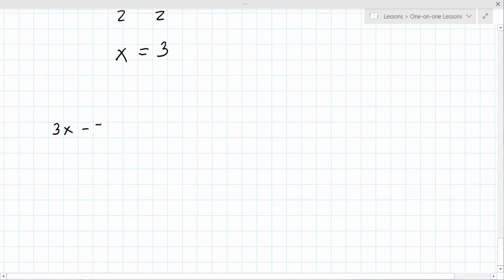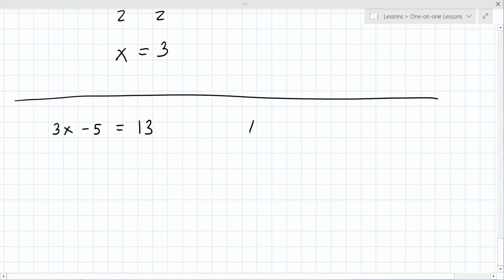3x minus 5 equals 13. Now I mentioned previously, the first thing you're going to do is undo addition or subtraction, whichever one you see. So we add 5 to 13 and 5.